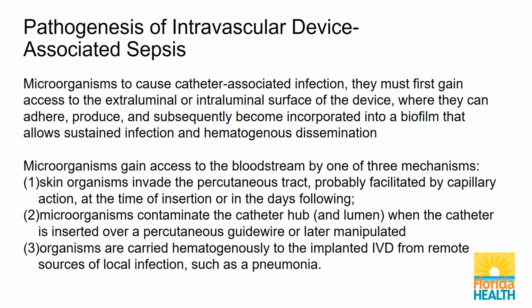So two, microorganisms contaminate the catheter hub and lumen when the catheter is inserted over a percutaneous guide wire or later manipulated. What is a prevention measure we can put in there? So we have scrub the hub. Yes, scrub the hub. And then three, organisms are carried hematogenously to the implanted intravenous vascular device from remote sources of local infection, such as pneumonia, or it could even be some other type of skin infection.